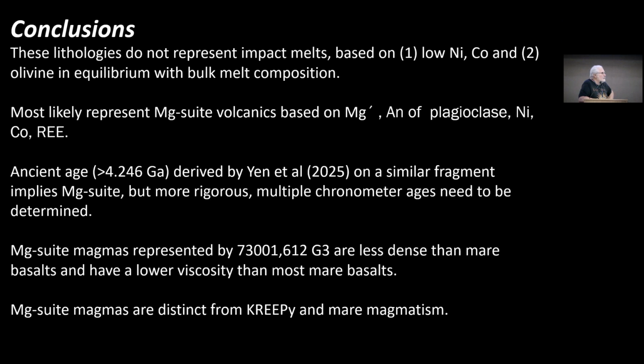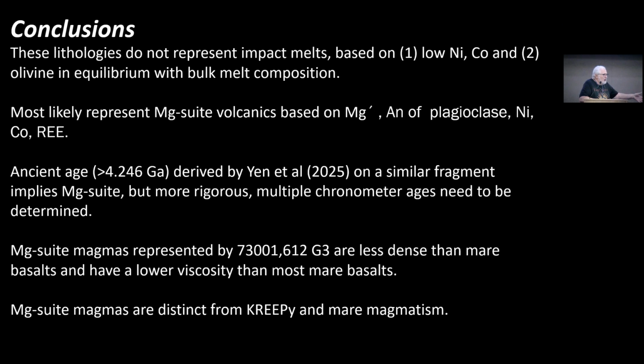So in conclusion, these lithologies do not represent impact melts. They really represent magmas derived from the interior of the moon. Primarily, you can focus on the nickel and cobalt, but also the rare earth elements. These we think represent volcanic equivalents to the magmas of the magnesium suite.